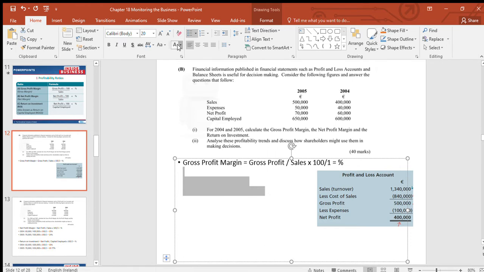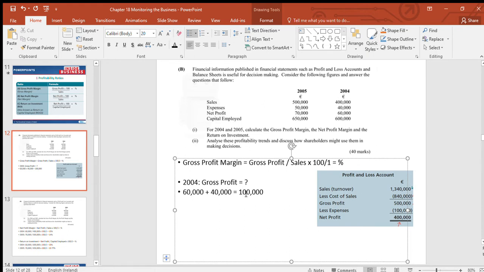I just kept it in white font because I don't want you to see everything at the same time. So for 2004, I don't know my gross profit, but as I said, the 60,000 is my net profit. I know the expenses are 40,000. Therefore, in reverse, adding them together will get me back up to what my gross profit would be. 60 plus 40 is 100.